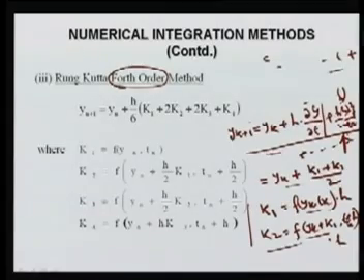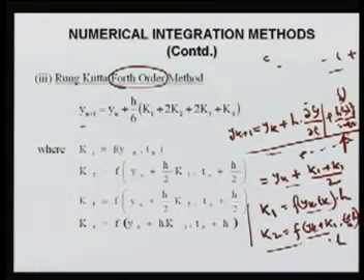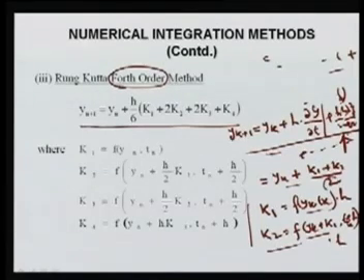Another, the fourth order Runge-Kutta method, is very widely used. When we go for the fourth order, we are going up to the fourth order of the Taylor series expansion. This method was invented by Runge-Kutta, and here yn plus 1 means the nth iteration, that is yn, the previous iteration value, plus h upon 6, earlier it was 2, so 6 here, k1 plus 2k2 plus 2k3 plus k4.